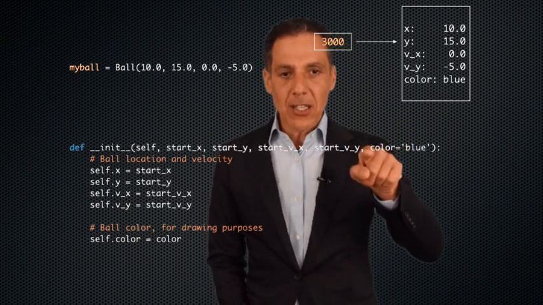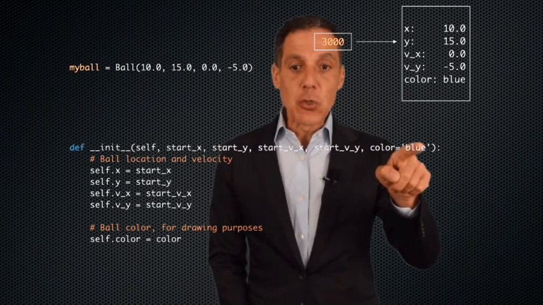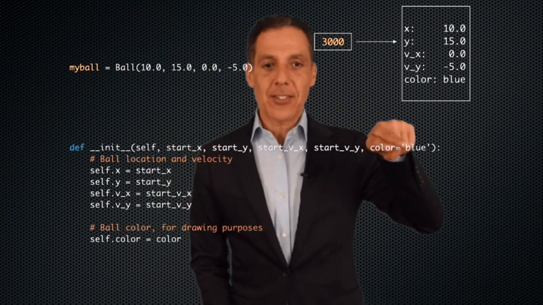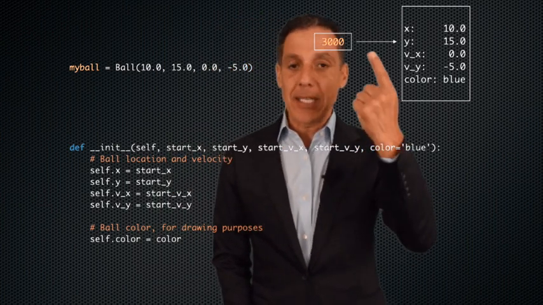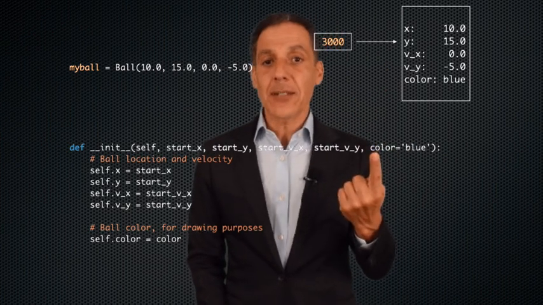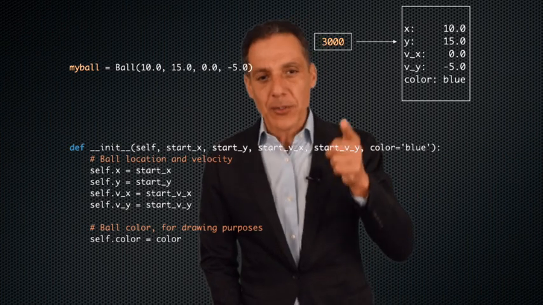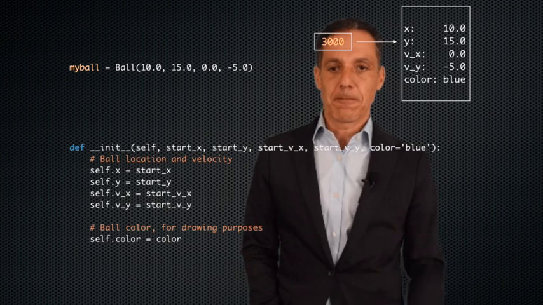And by writing color, which of course is the name of the variable, equals blue, then what happens is if you pass in a parameter here in this 5th position, that will be color. And if you do not, then Python will simply use blue as the color. So it's a nice way of creating what are called optional parameters that can be passed in.